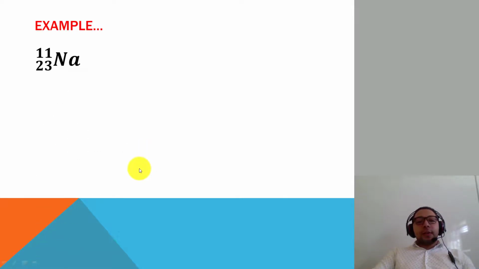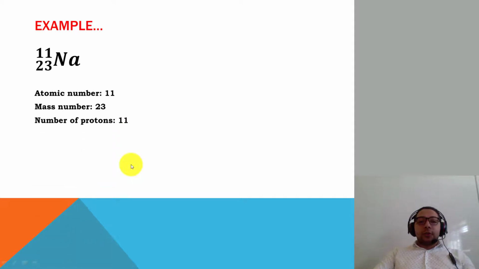This is sodium, 11 and 23. As we have discussed earlier, we have two numbers. The smallest number represents the atomic number. So the smallest number is 11. That's the atomic number. And the largest number is 23. That's the mass number. To figure out the number of protons and electrons, we need the atomic number.